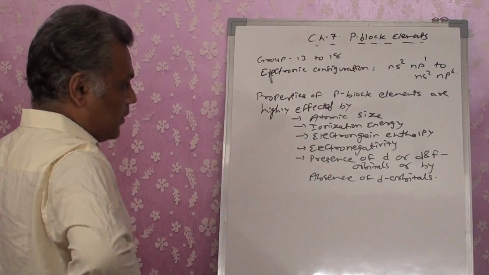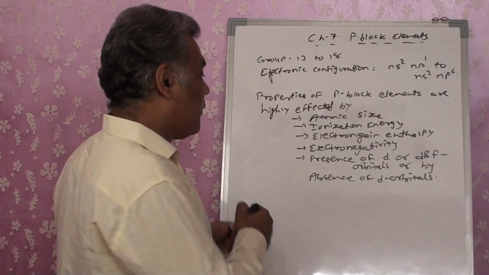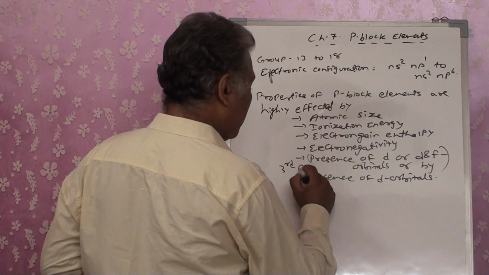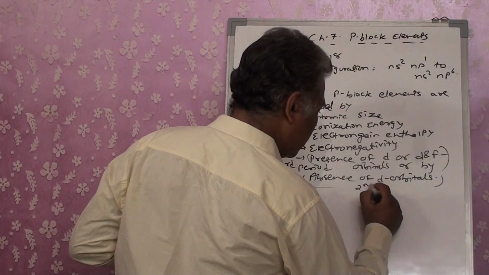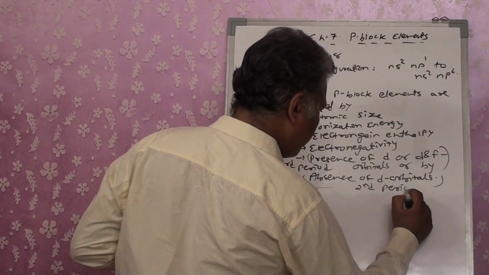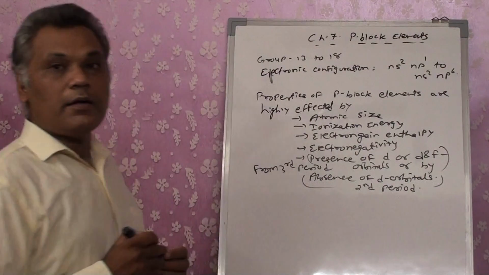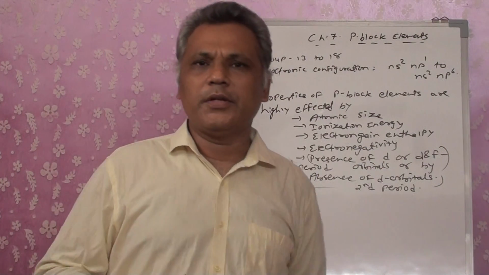You can say that the presence of d and f block elements, you can find from the third period, while it's absent in the second period. Right? First period it's only s block, s orbitals.